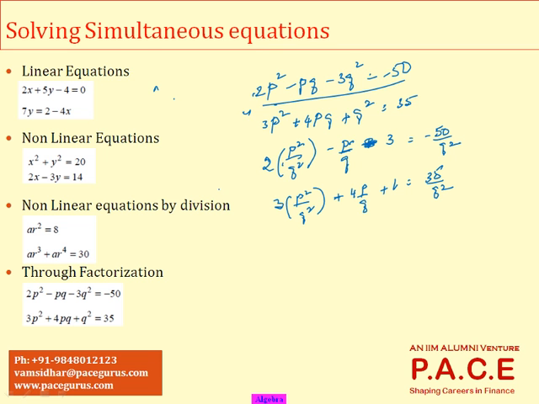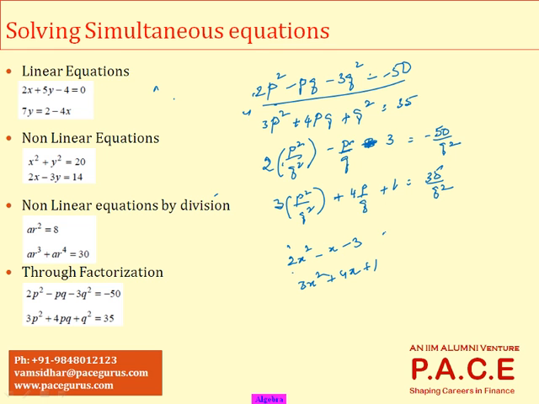Now what you can do is take it as a quadratic equation. Assume that p by q is some x. So I can write this as 2x squared minus x minus 3, and the denominator I can write as 3x squared plus 4x plus 1, right?